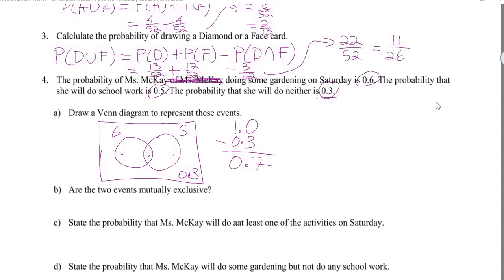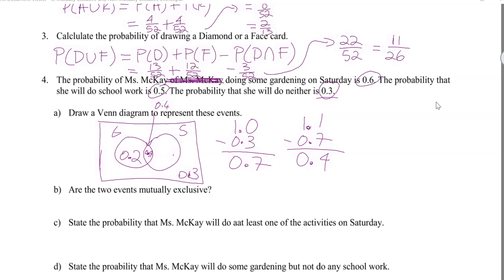Now the problem is that these add up to 1.1. So we have 1.1 to deal with, but we only want to have 0.7. So that is 0.4. So the overlap here is 0.4. Now gardening is 0.6.